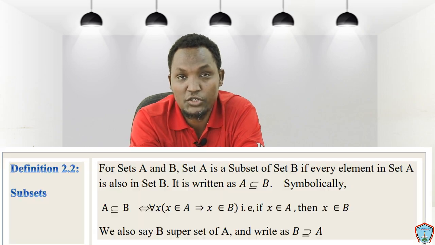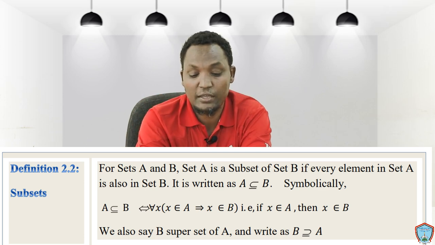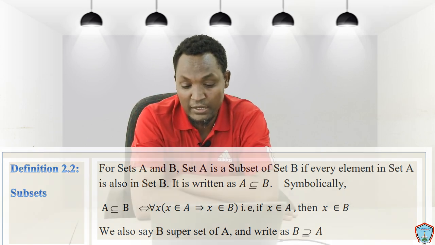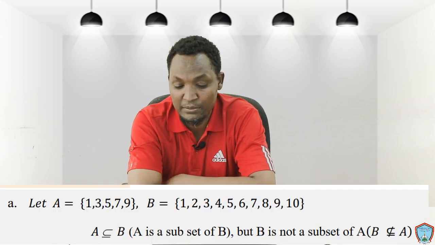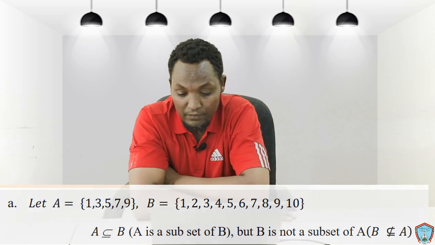The most common relationship between sets is the subset relationship. A set A is called a subset of set B if every element of A is also an element of set B. In this case, we write A is a subset of B. For example, the set of odd natural numbers less than 10 is a subset of the set of natural numbers less than or equal to 10.